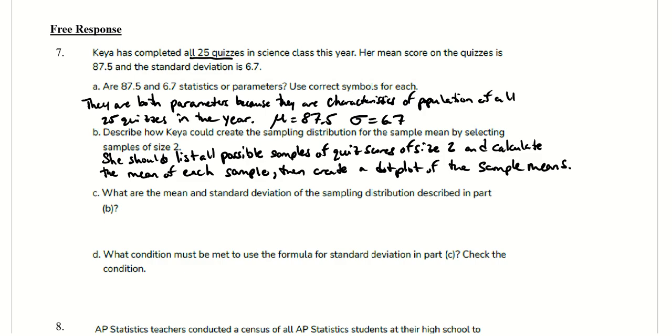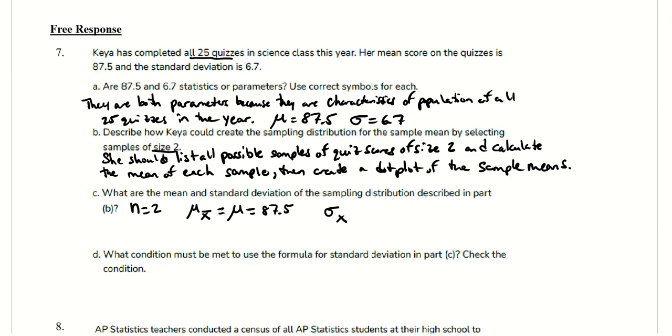Okay, that would be the sampling distribution of the sample means. What are the mean and standard deviation of the sampling distribution? Notice that the sample size is 2, so n is 2 in part B. The mean of the sampling distribution of sample means is going to be the same as the original mean, so it's still 87.5.